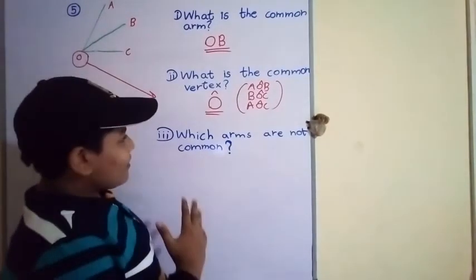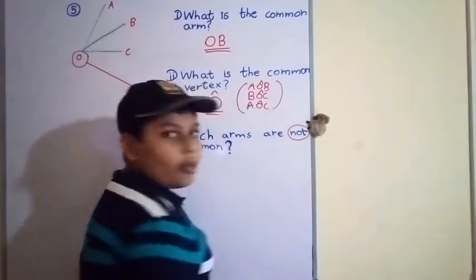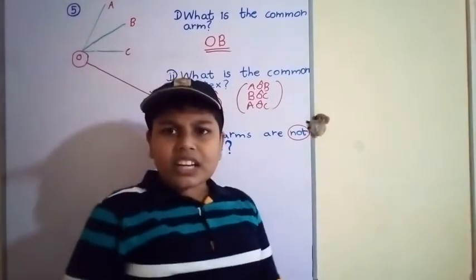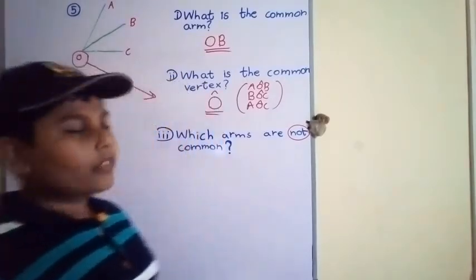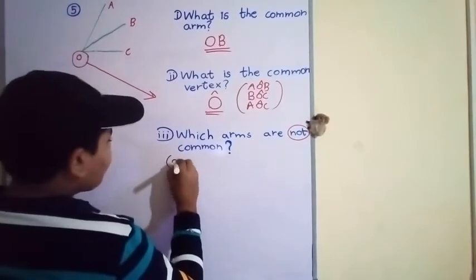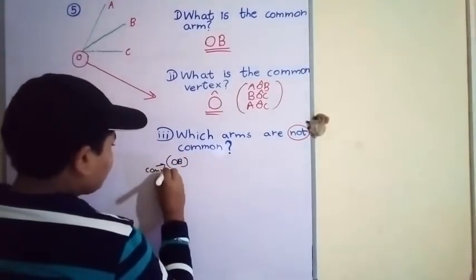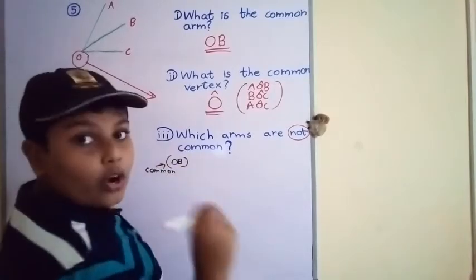Last part, which arms are not common? Not common. What are the arms that are not common? Now, the common arm is OB. This one is common. Now, you want to find not common.